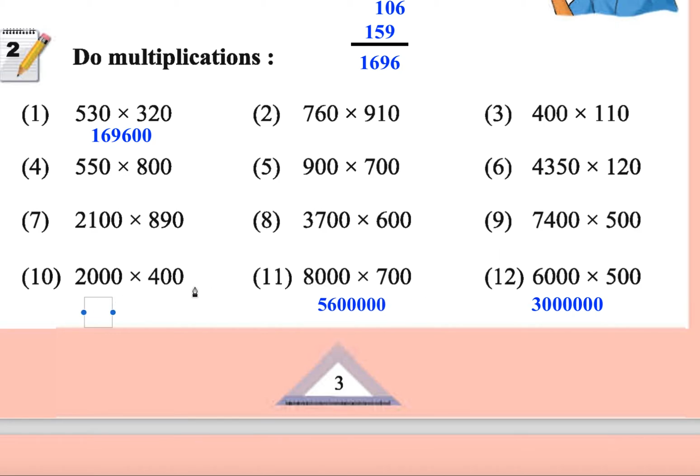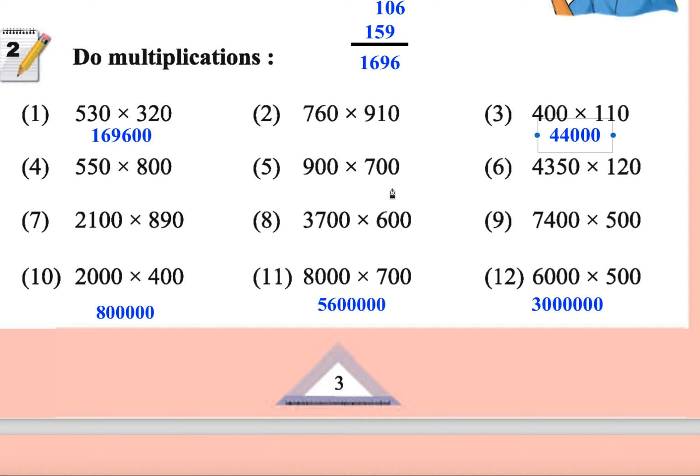What about this? This also we can write directly. 8. How many zeros? 5 zeros. 1 2 3 4 5. 8 lakhs. Okay. This also we can write directly. 11 4s are 44. How many zeros left out? 1 2 3. 44,000.